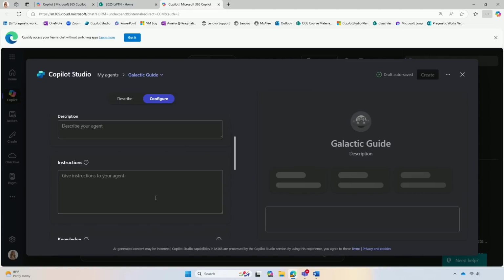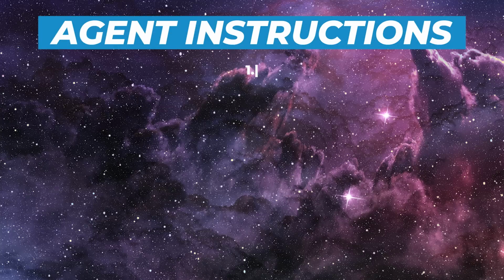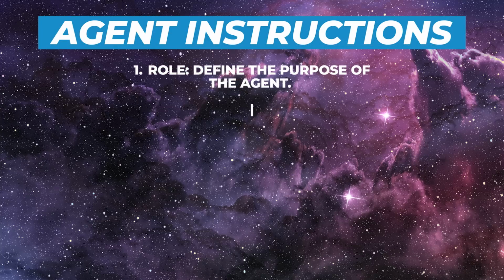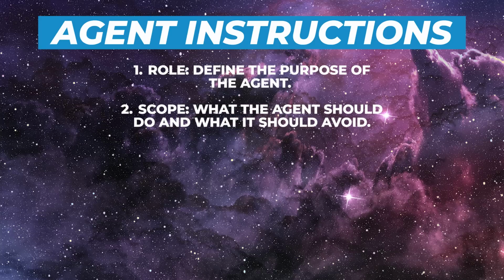When you are creating instructions for an agent within either here Agent Builder or even within Copilot Studio, you need to incorporate specific parts in your instructions. First off is role. You need to define the purpose of the agent. Second is scope. You need to specify what the agent should do and also what it should avoid.